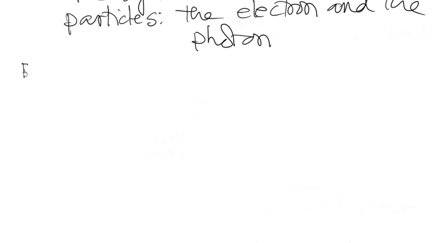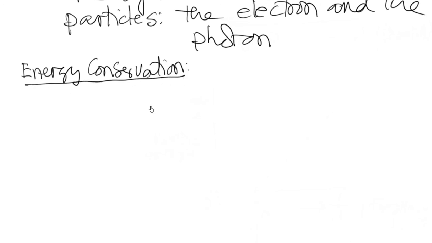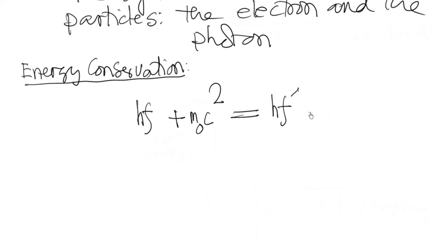The energy conservation: the photon has energy hf and the electron has energy m0 c square before collision, and after collision the energy of the photon is hf prime and the energy of the electron is mc square.